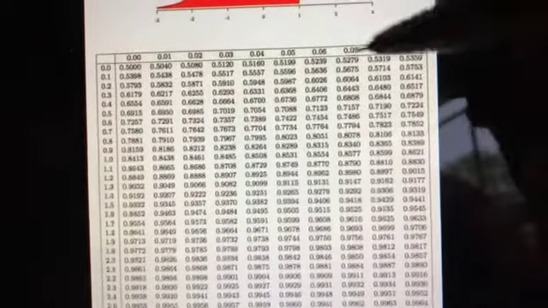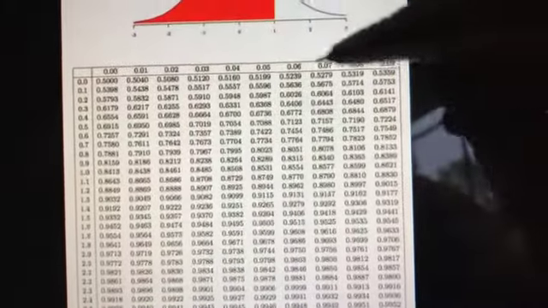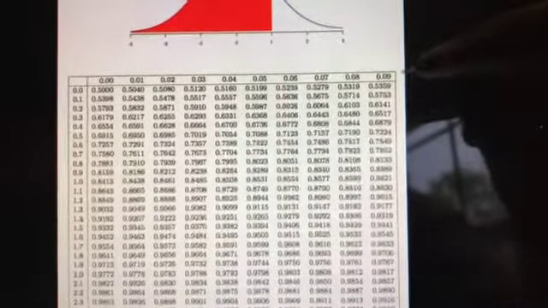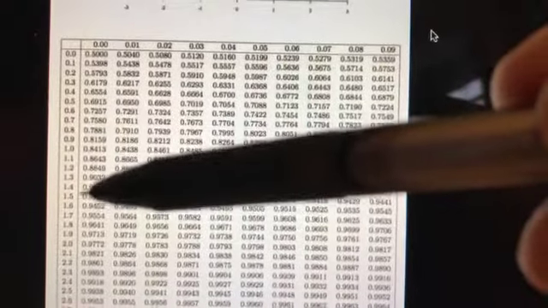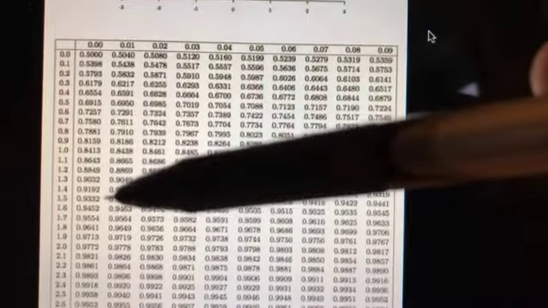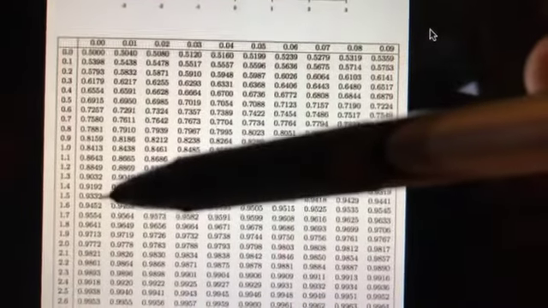So along the side are the z-scores, but so are along the top the z-scores. It's just the second decimal. Notice it's only the second decimal that changes up here. So if I have 1.5, that's like saying 1.50. So that first column, 1.50 is going to be 0.9332.